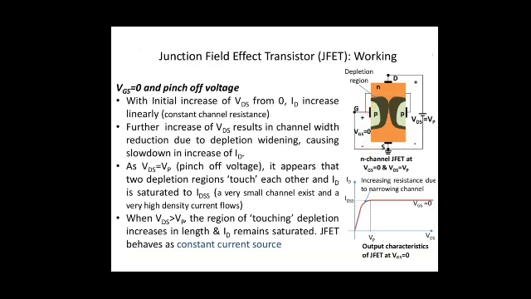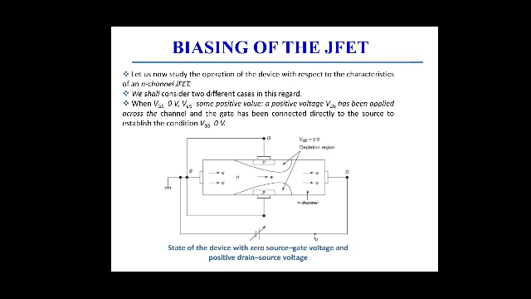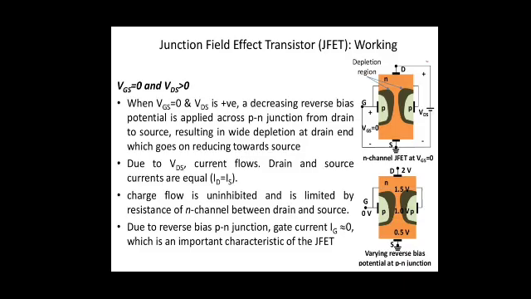The depletion region, if I apply the negative voltage here, will have more depletion width. The depletion width will increase and the channel width will decrease. So if I apply VGS equal to -1, the depletion region will increase and the channel width will decrease.